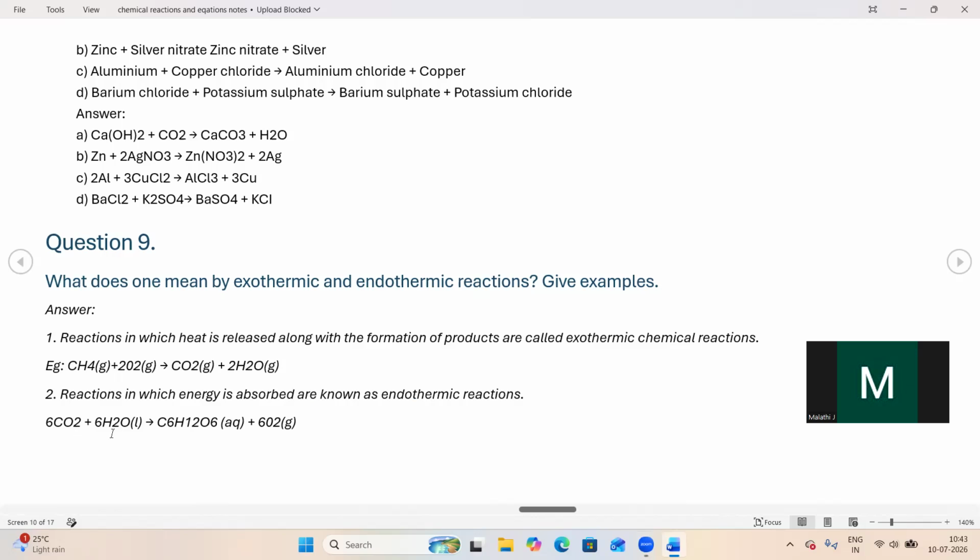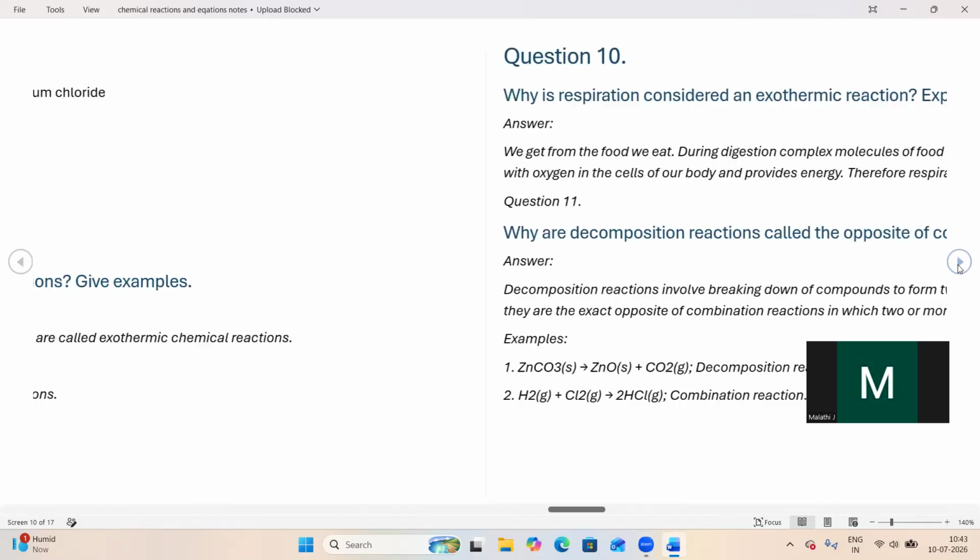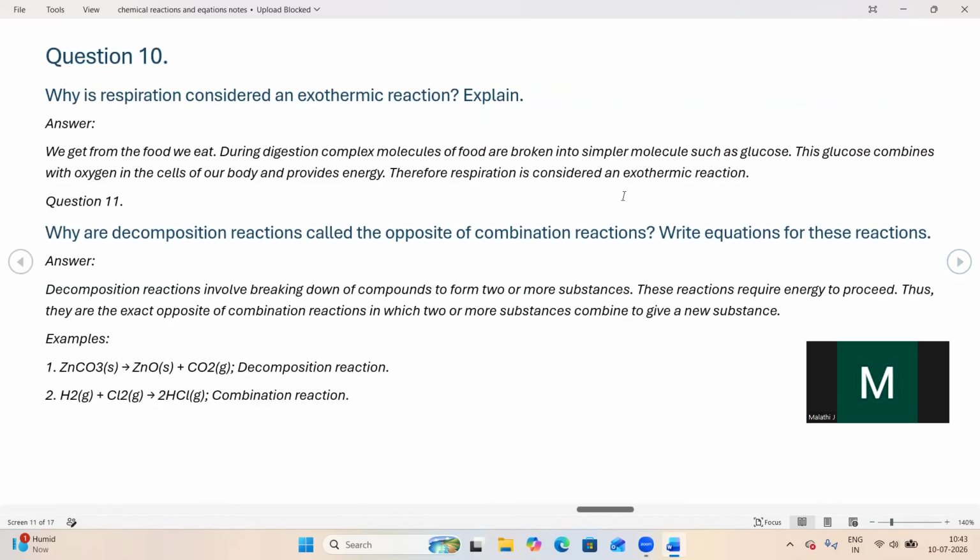Carbon dioxide and H2O give rise to glucose plus O2 gas, that is an endothermic reaction. Those are exothermic and endothermic reactions. Then why is respiration considered an exothermic reaction? As we know, exothermic reactions take place by liberating heat.